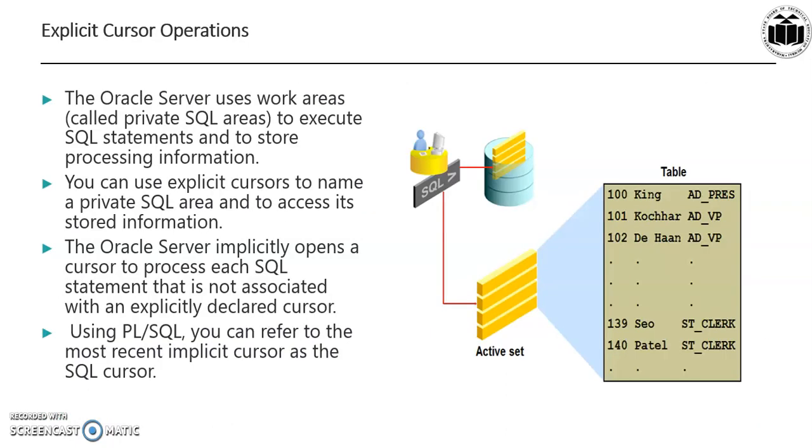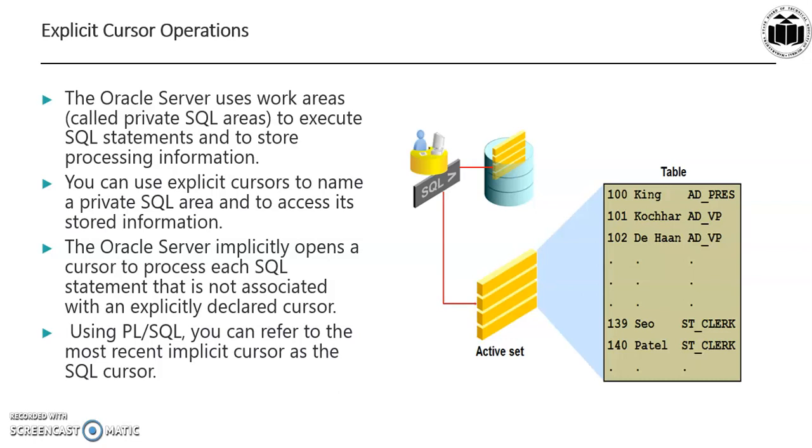So let's discuss explicit cursor operations. The Oracle server uses work areas, called private SQL areas, to execute SQL statements and to store processing information. As I told you, every database server requires some memory to execute SQL statements, and that memory area is nothing but the private SQL area.